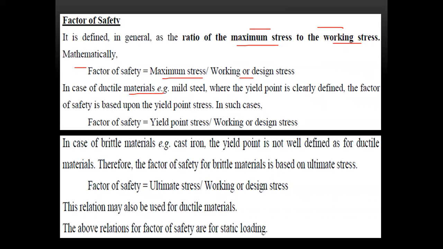In case of ductile materials, for example mild steel, where the yield point is clearly defined, the FOS is based upon the yield point stress. In such cases, FOS is equal to yield point stress by working or design stress. In case of brittle materials like cast iron, yield point is not defined as for ductile materials.